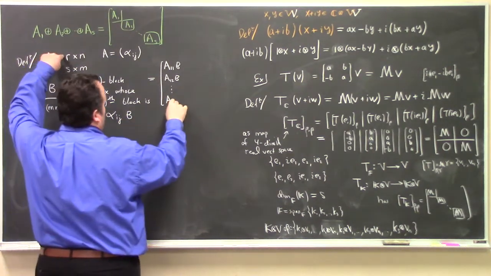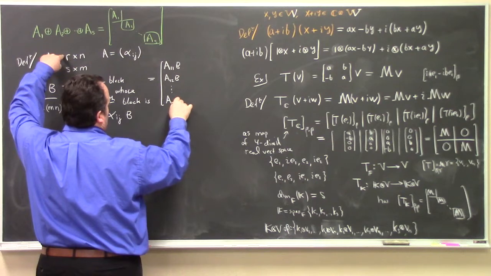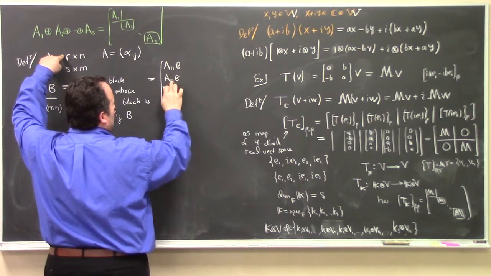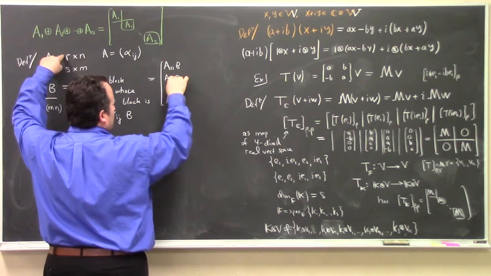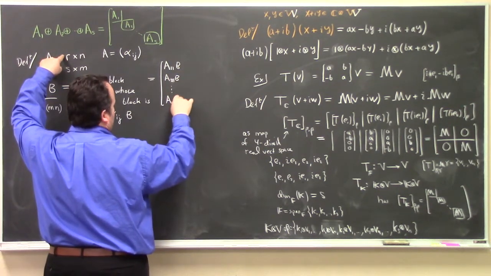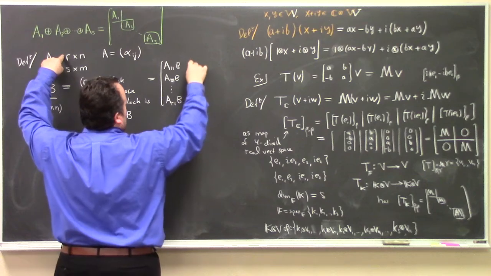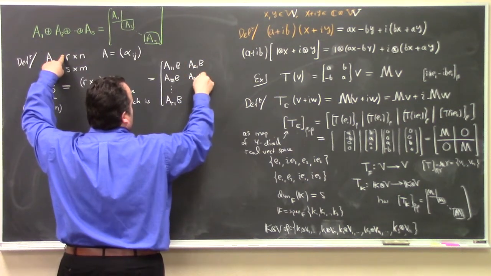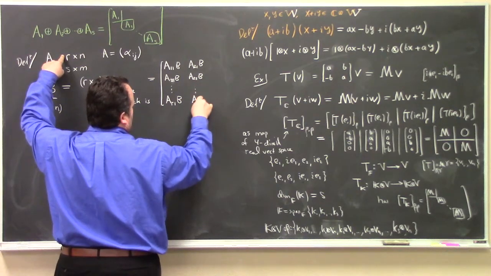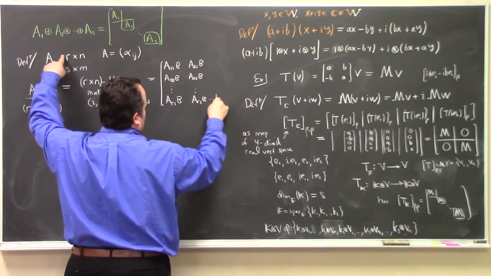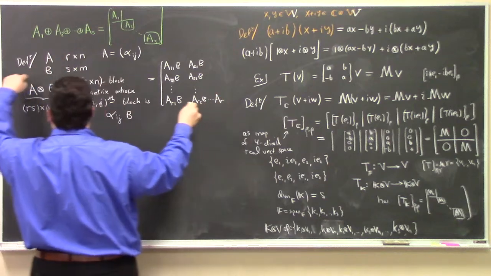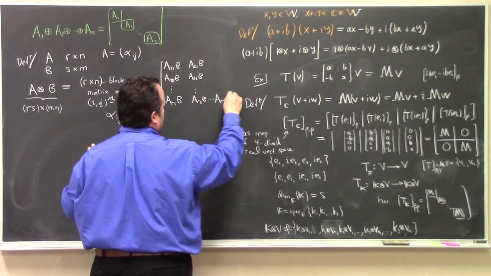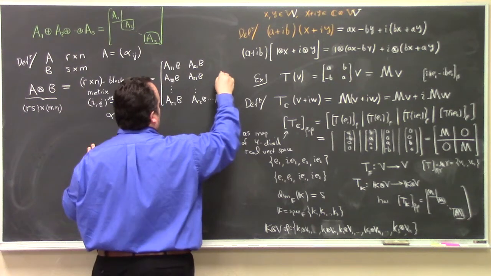R by N, so AR. That's 2,1. A2,1B, A2,2B, AR,2B. AR, how many do we got? N. We got A2,1B in two places.